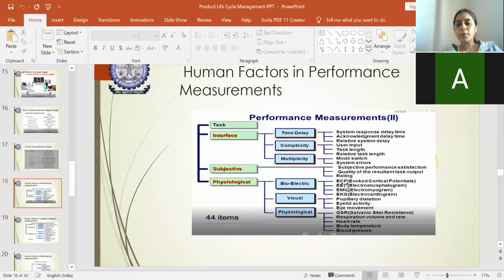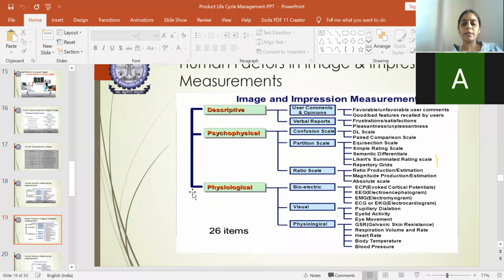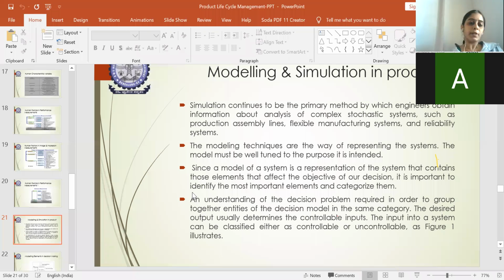So all these are listed here, and these will be evaluated based on human performance. These are just examples I have given, related to different tasks. Okay, so this was related to the human intervention in product design and also in a product.